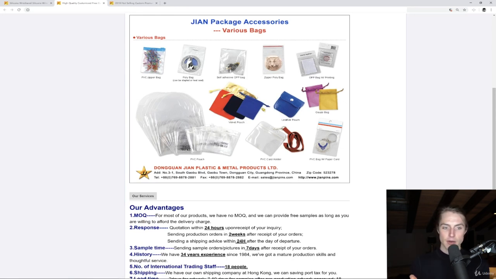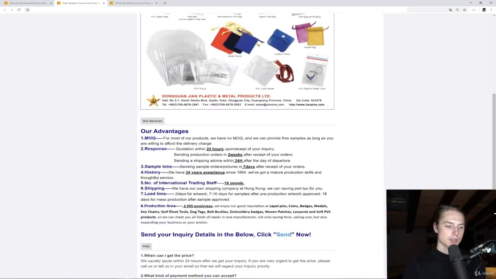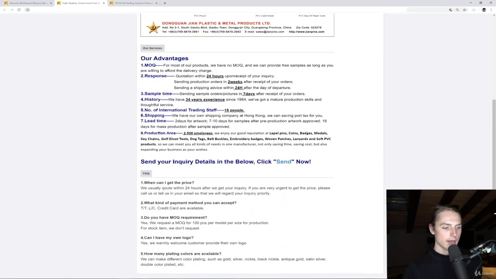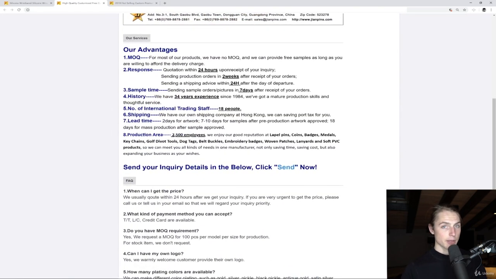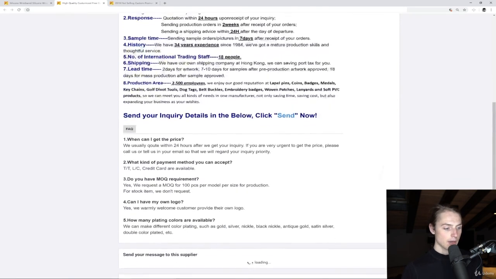But these people, they only sell wristbands and certain related things. So they put in the time and the detail into trying to sell you to do business with them. So this is good, because they're not just throwing up random stuff trying to make money. They explain everything really in depth. That's good too.